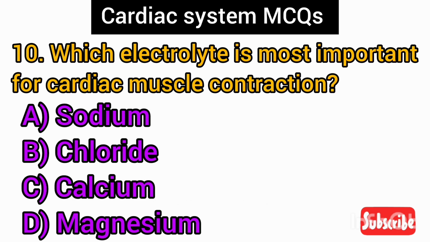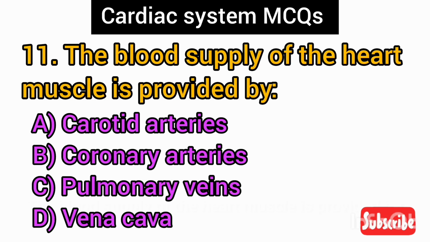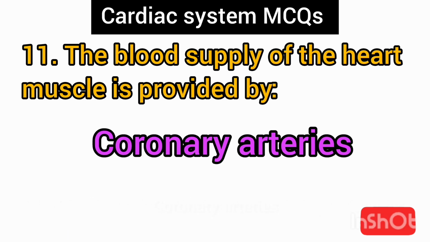Which electrolyte is most important for cardiac muscle contraction? Calcium. The blood supply of the heart muscle is provided by coronary arteries.